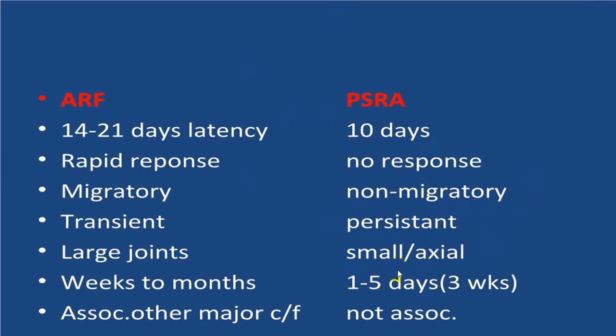And it will last for 1 to 5 days or 3 weeks. And here there will be other associated major criteria. And this is migratory, it is transient, and large joints, that is knee, ankle, wrist, and elbow, are very frequently involved. This is usually after 2 to 3 weeks of rheumatic fever. This is after 10 days of strep infection.